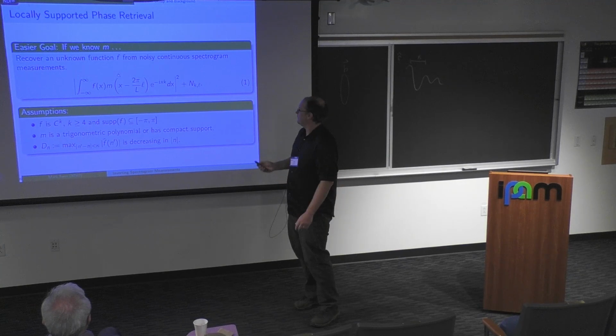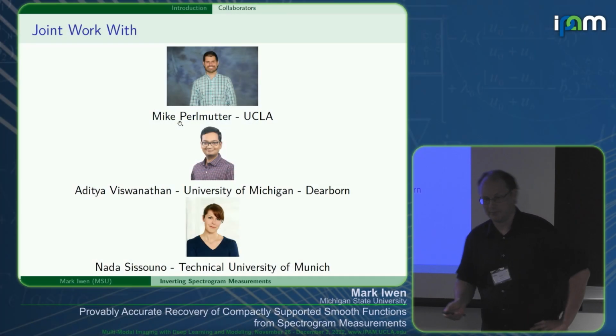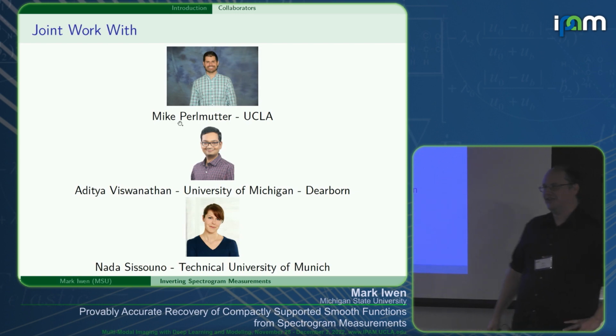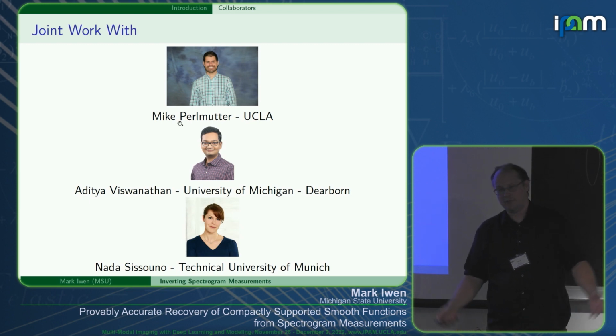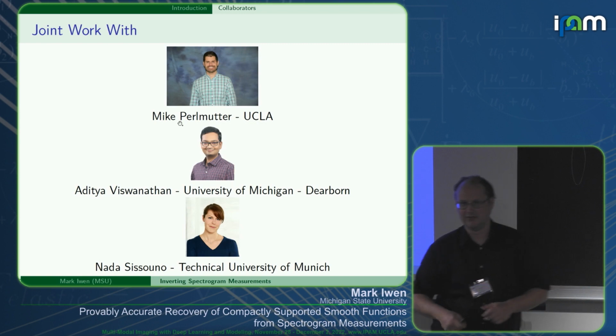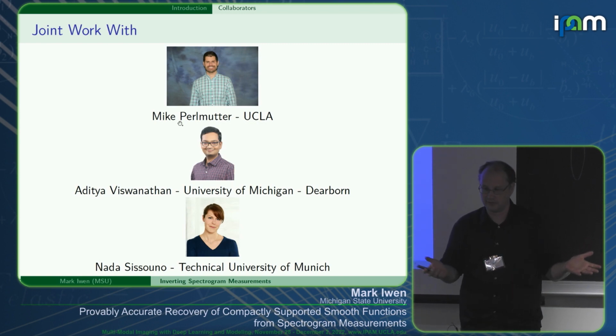Good, yes. So, collaborators. Let me point out my wonderful collaborators, in particular, this guy right here. Look at that face. He's right back there. Mike Perlmutter, he is on the job market. He knows things about theoretical proof techniques to handle imaging techniques like ptychography.